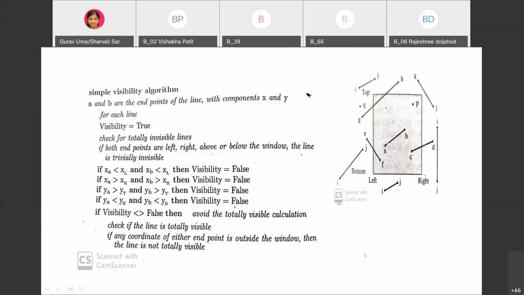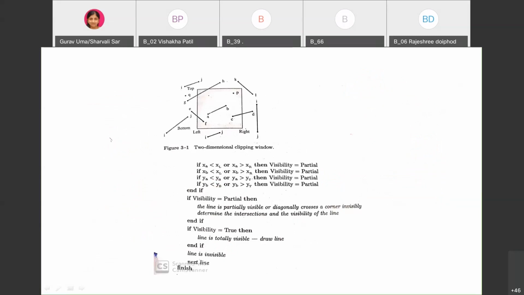Now the next portion of the algorithm is C. In the next portion we are seeing partial lines. We have already seen the visible lines. If the line is totally visible, then we will say true. If the line is totally invisible, then we will say false.